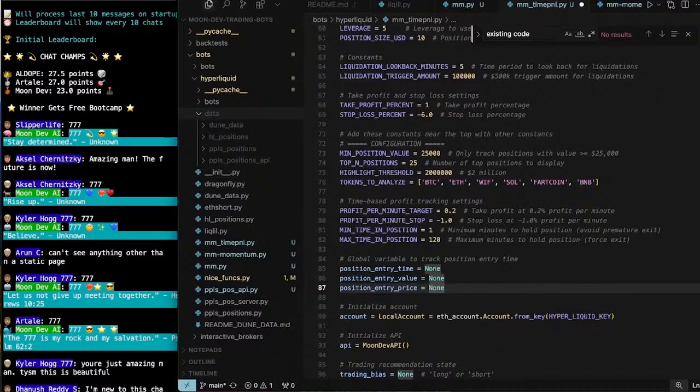And then we can check to see whether it has been more than however many minutes it has been.